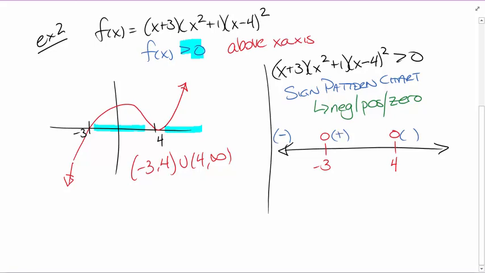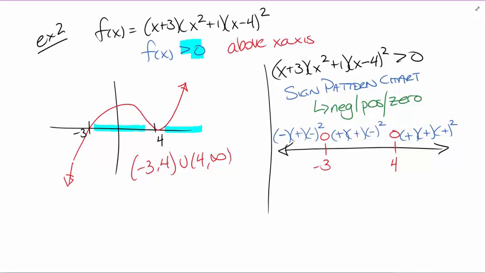And then from 4 and bigger, I would get a positive for that first factor. The second factor of x squared plus 1, that's always positive, no matter what the x value. The last factor of x minus 4, that would yield a negative number, but I need to square that. Between -3 and 4, that would also yield a negative number, but I need to square that. From 4 to infinity, I would yield a positive number.